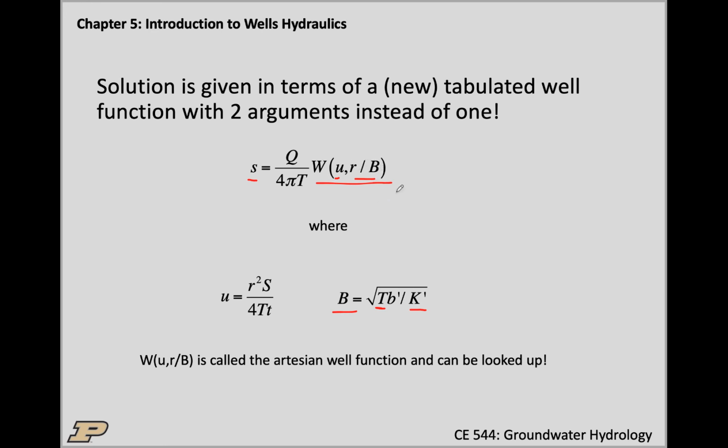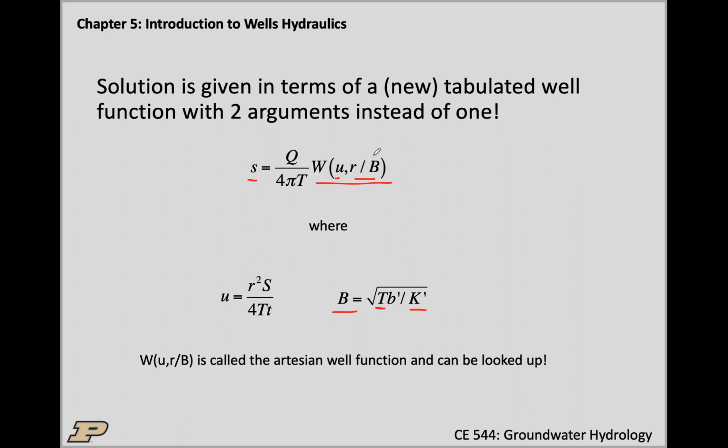Okay. Now, let's assume that our hydraulic conductivity of that leaky layer is so small, right? It's so small that it's almost 0. Now again, T over K prime, 1 over almost 0 is a very big number, and now B is very big, right? And again, R over B doesn't matter.